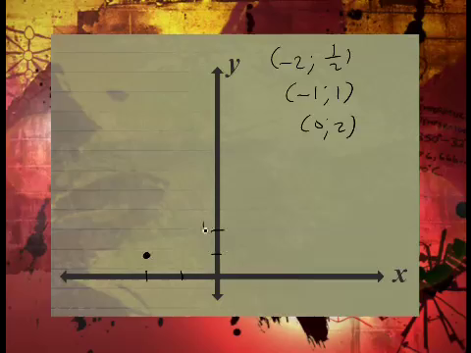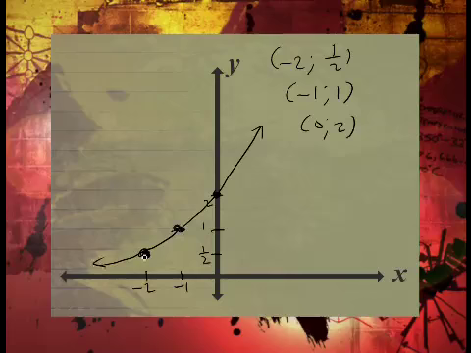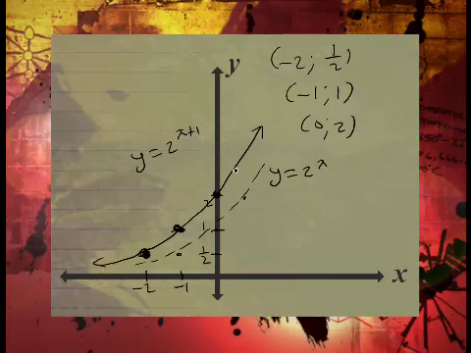Minus 1, 1 is there, and 0, 2 is there. And your graph does this. See that there? It goes up if you plot those points. And what was the original graph? The original graph was that one. So this one is y equals 2 to the x, and this one is y equals 2 to the x plus 1. There's a shift of a unit to the left.